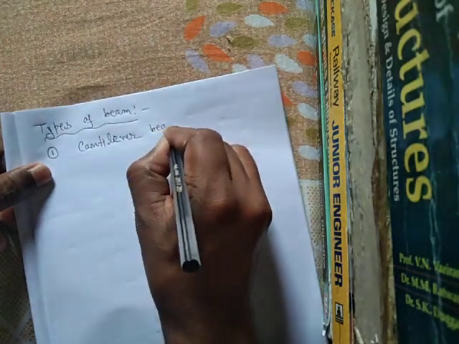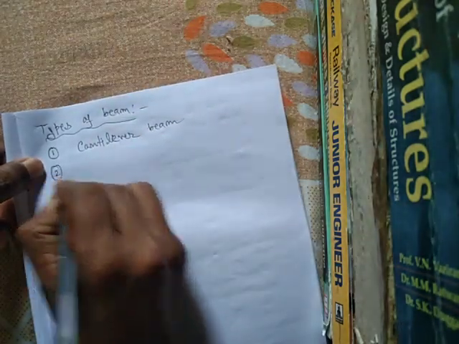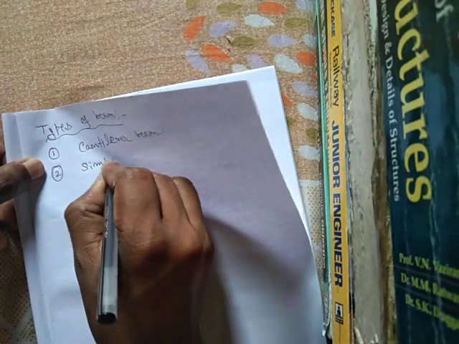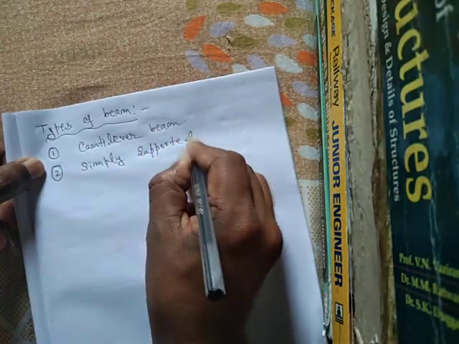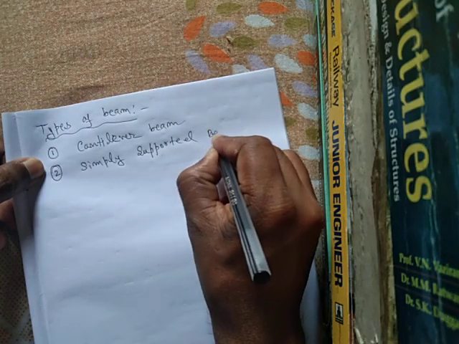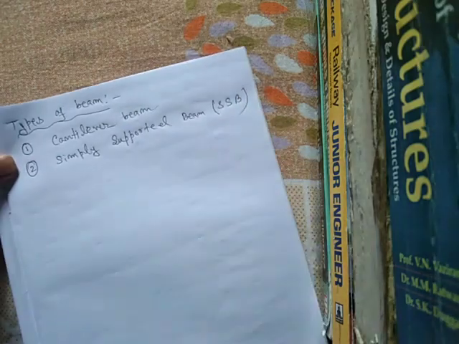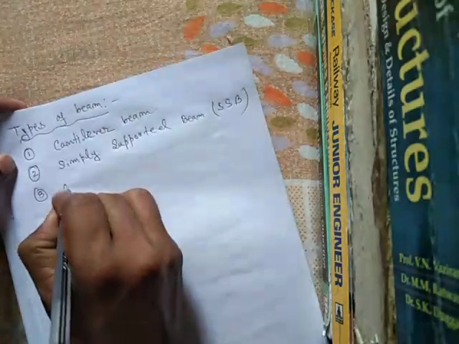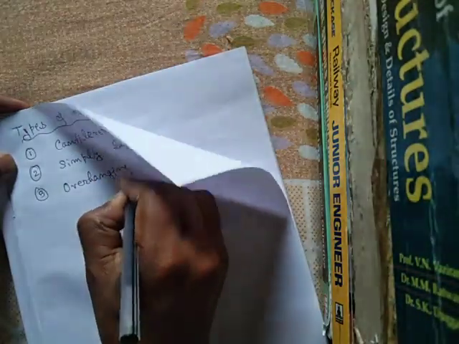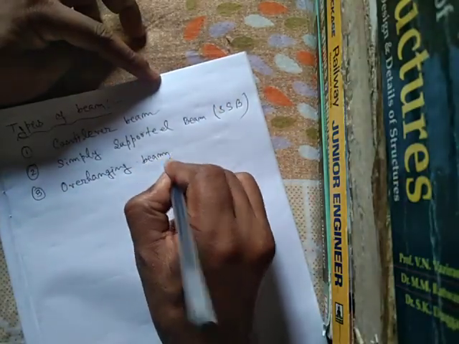Then simply supported beam, SSB. We try to draw the bending moment diagram of overhanging beam.